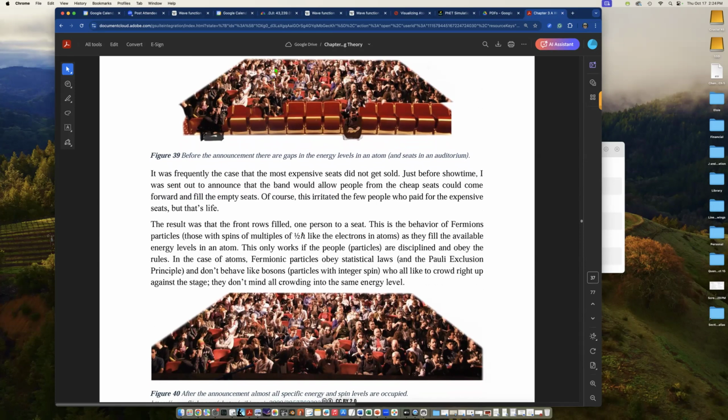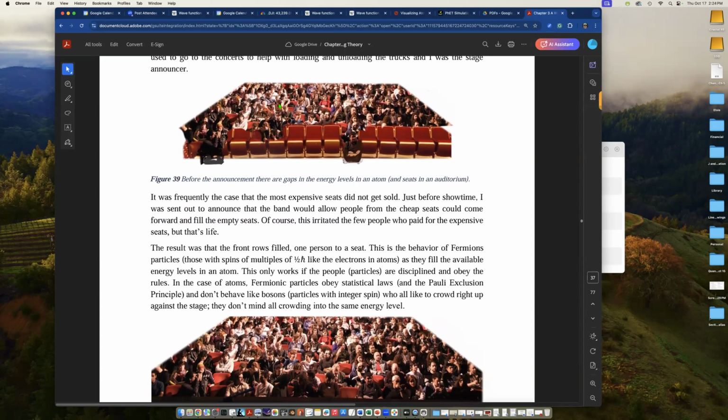And so this is kind of what the Pauli exclusion principle deals with. If you have unoccupied energy levels in the atom, electrons will come down and fill those seats, but they have to be respectful. No two electrons can have the same quantum numbers.